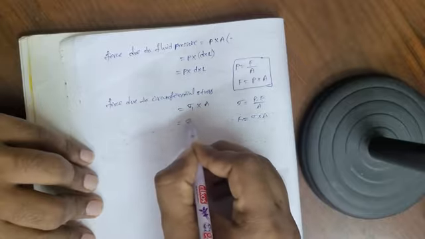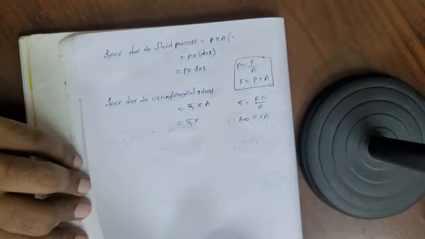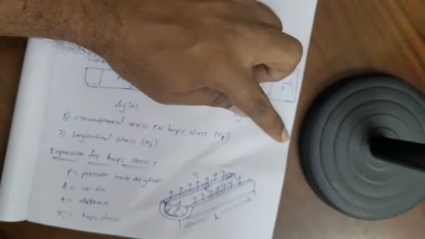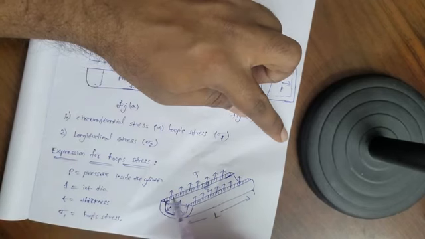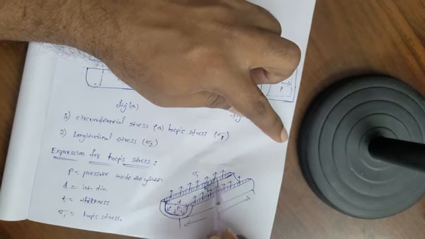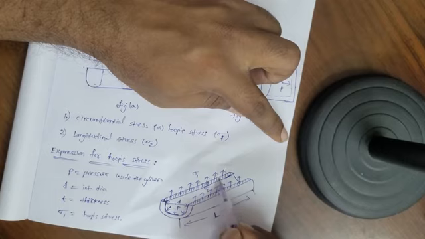On which area is the sigma 1 acting? It is acting on the thickness of the wall and along the length. So here the area is L into T on one wall and L into T on another wall.